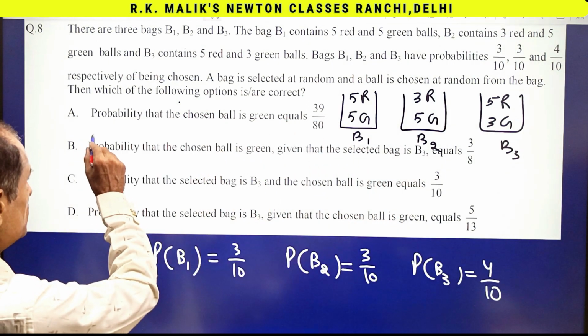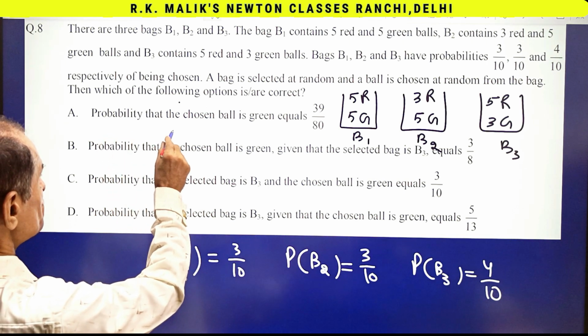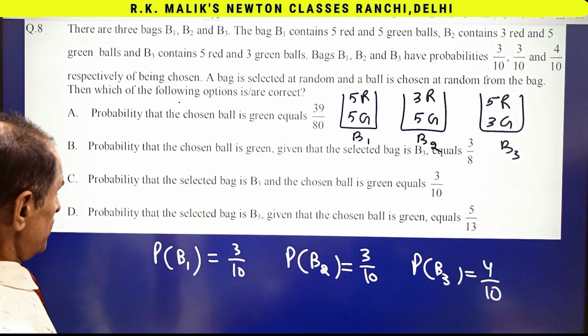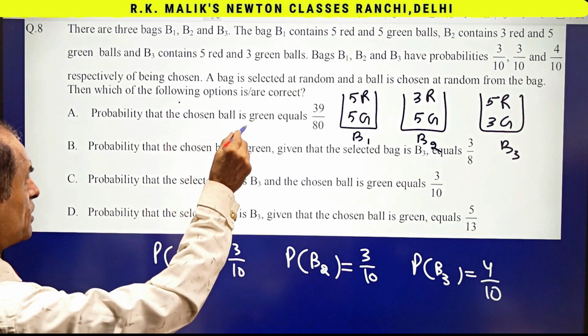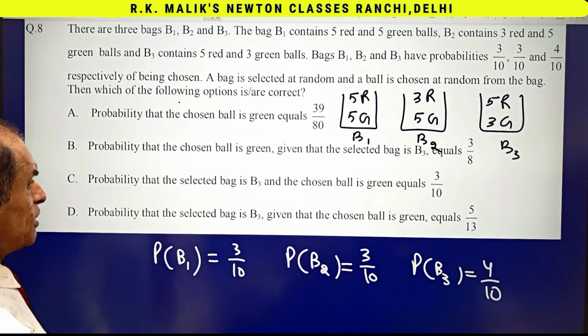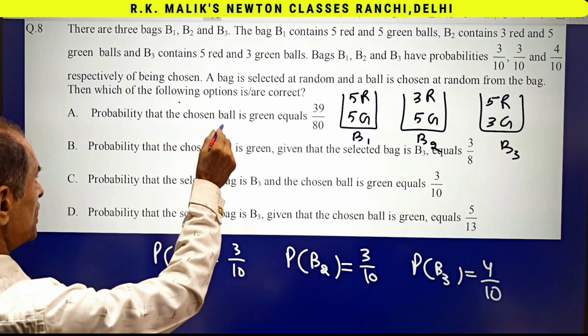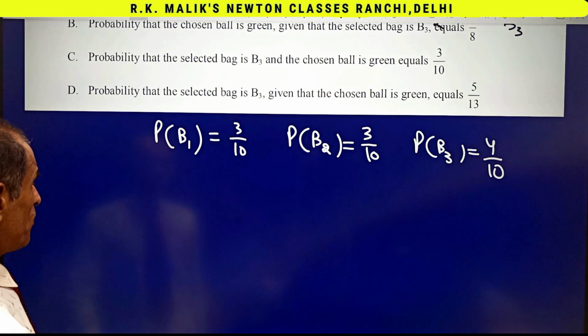In the first option, he is asking that the probability that the chosen ball is green equals 39 by 80. Because a green ball can come from bag B1, B2, or B3, it is clear that for finding the probability of selecting a green ball, we'll have to use the total probability theorem.